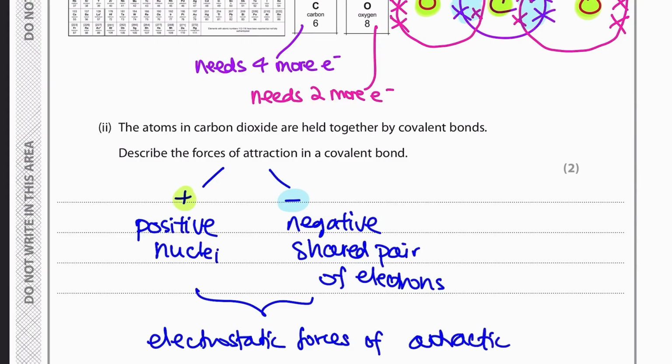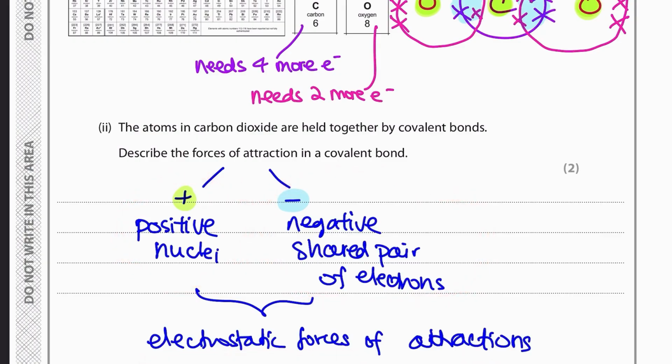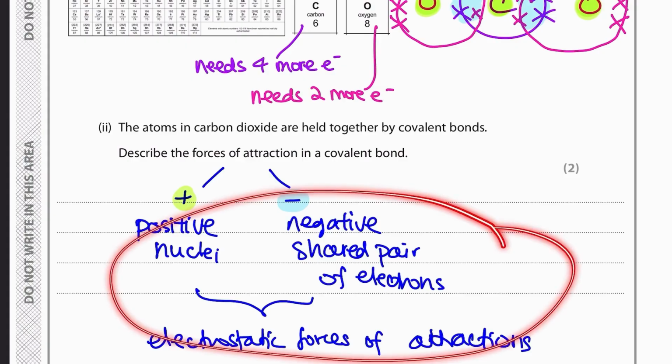Understand? So basically you would write the electrostatic force of attraction between the positive nuclei and the negative shared pair of electrons. This is the definition of a covalent bond. Please memorize it. Don't tell me that covalent bond is the bond between a metal and a non-metal. Between a non-metal and non-metal. That is not the official definition of a covalent bond. So this is the official definition of a covalent bond.